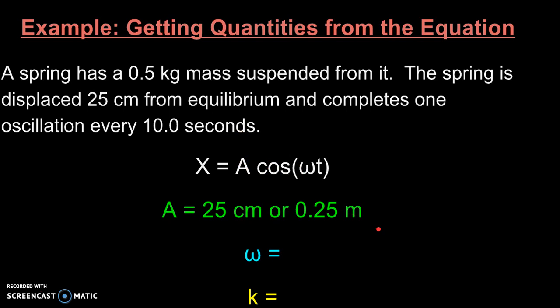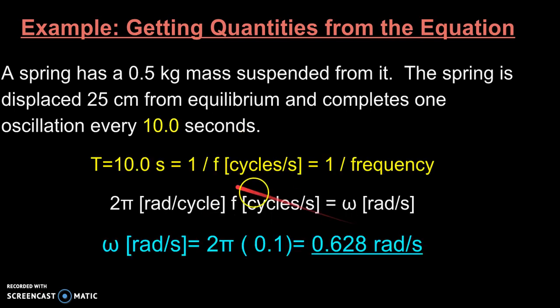Let's look at omega. Now we don't have omega, we have the period, 10 seconds. That means every 10 seconds it completes one cycle. So if I want cycles per second, that is frequency, so period is 1 over f. So your frequency on this would be 1 divided by 10, or 0.1 cycles per second.